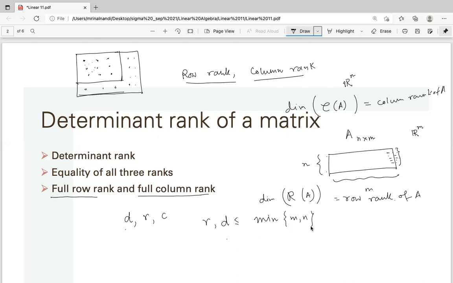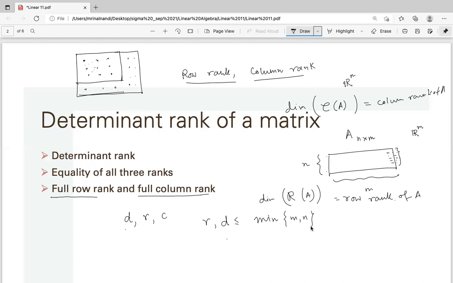But the other way, if there is a 6 cross 4 matrix, with 6 rows and each row from R to the power 4, then why is R less than or equal to 4? It is obviously less than or equal to 6, but it is also less than or equal to 4, because the row vectors are from R to the power 4.